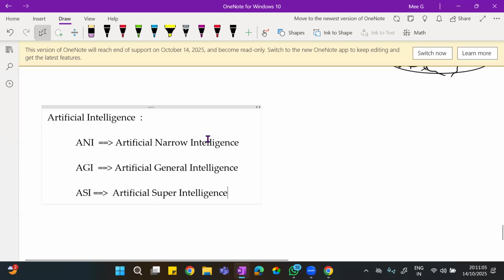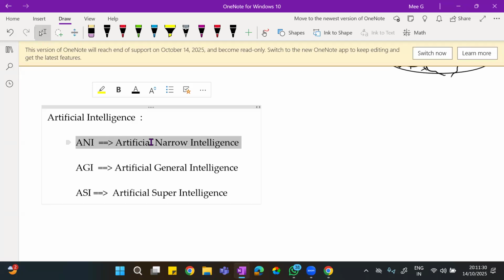Now, whatever models and applications you have now come under the category of artificial narrow intelligence, where these models are trained with data and are completely dependent on the data.